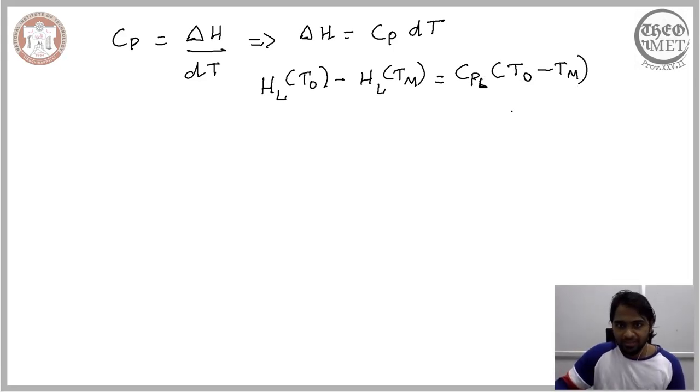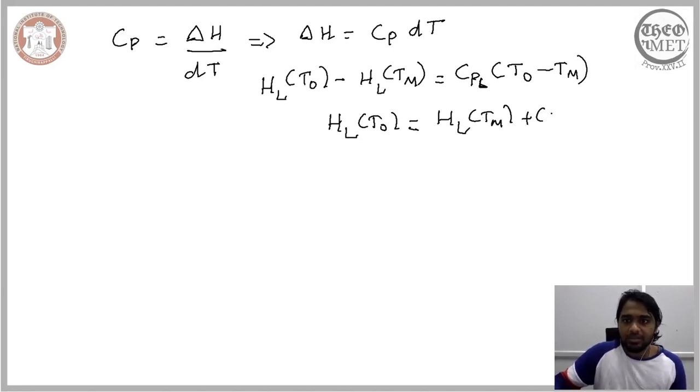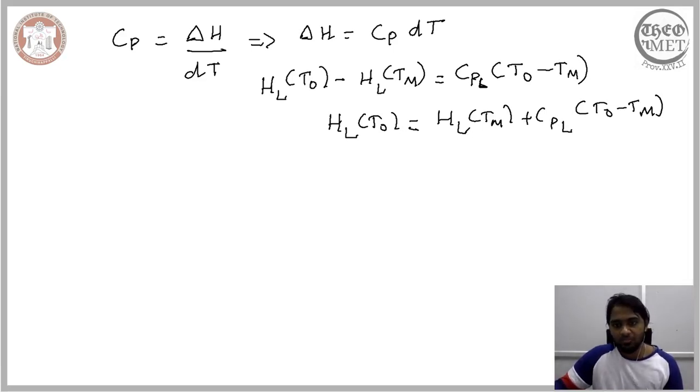Now again we can rearrange this in such a way that the enthalpy of liquid at T0 is equal to enthalpy of liquid at Tm plus the corresponding heat capacity of the liquid and the product of T0 minus Tm. So by using these variables here, we are able to estimate the enthalpy of liquid at the new temperature.